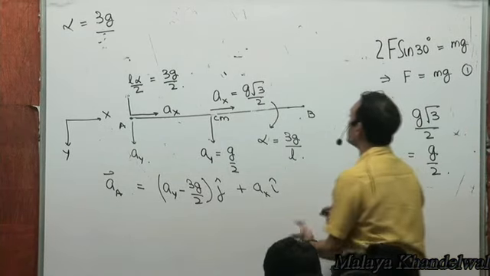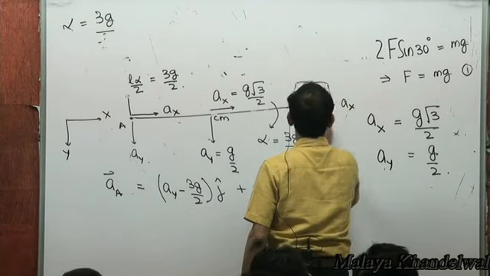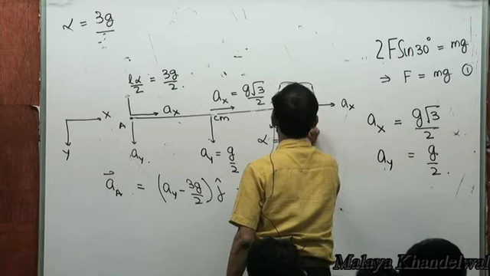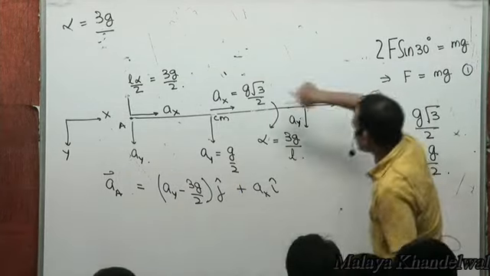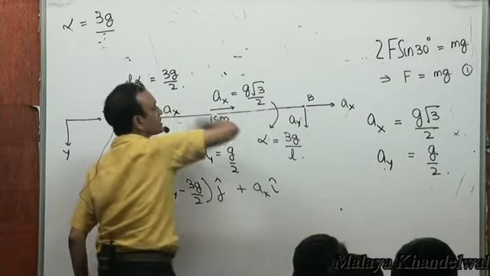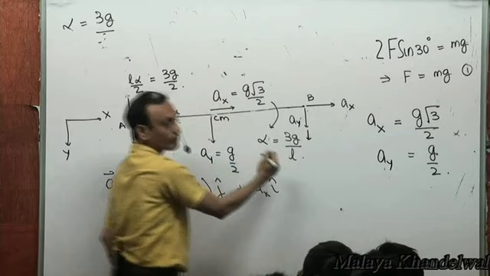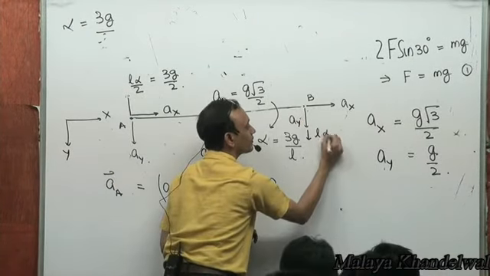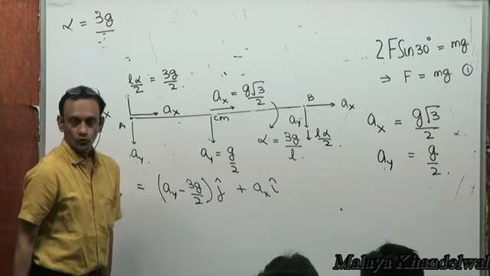Now similarly for the point B, there is going to be an ax like this, and there is going to be an ay like this, right? Imagine it to be in a state of pure rotation about the center of mass. It will have a tangential acceleration L by 2 alpha. Yes or no?